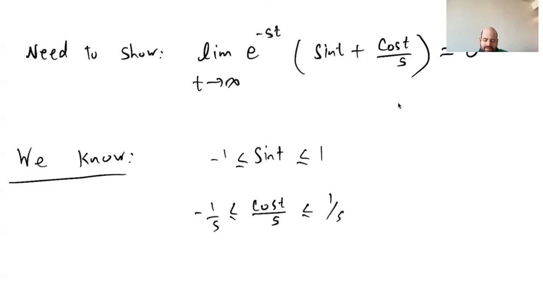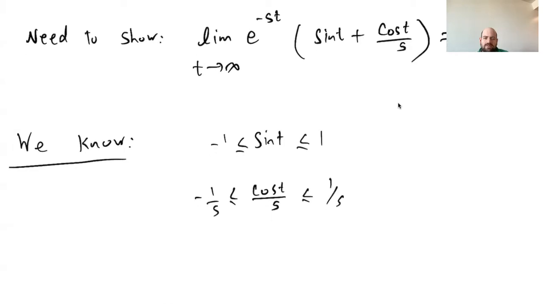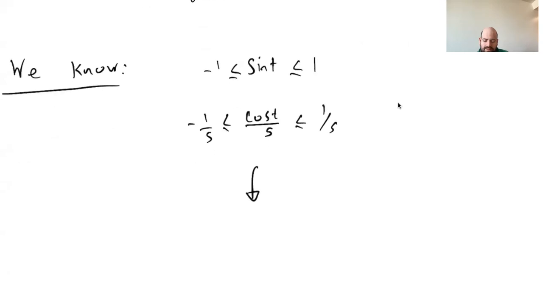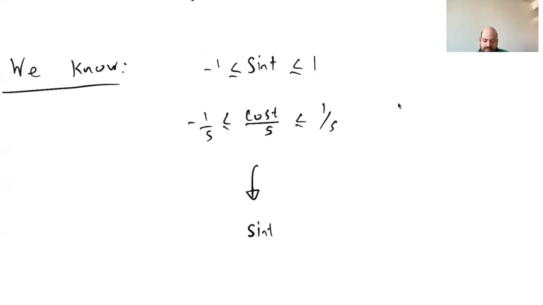Remember, s is a positive number. So if cos t is between -1 and 1, you can divide everything by s, and you get cos t over s between -1 over s and 1 over s. And then this means that sine t plus cos t over s will be between -1 over s and 1 plus 1 over s.